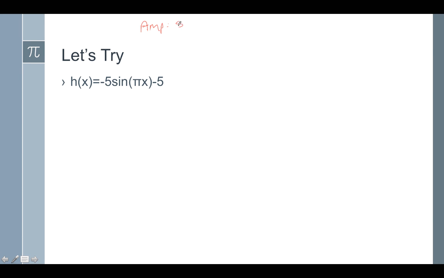My amplitude is 5. I'm going to put up here that it's flipped over. It's flipped because it's a negative 5, but my amplitude is still 5. So I'm going to be going up 5 and down 5 from my center line. My center line is y equals negative 5 because it goes down 5 units.